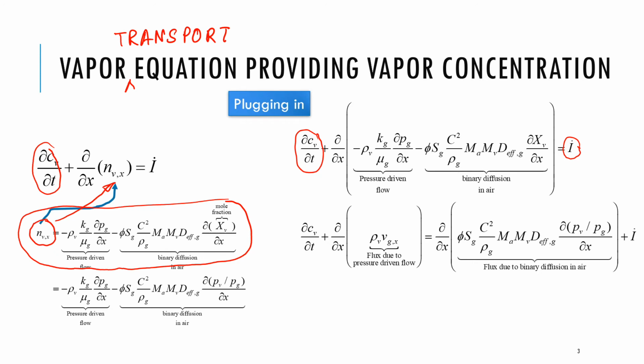And now if I rewrite this, we can also write it as del x of rho V times the velocity of gas, and then on this side this is the diffusion term, and then the evaporation term.